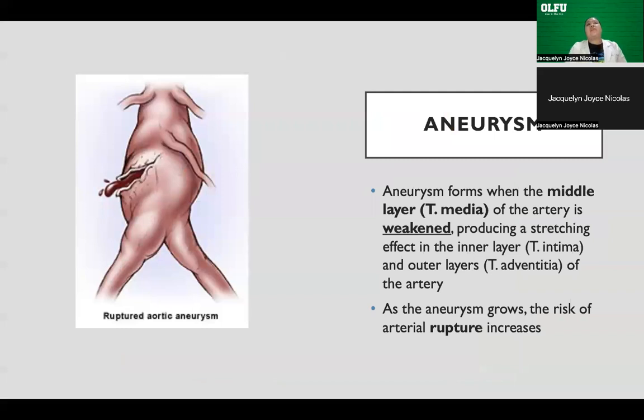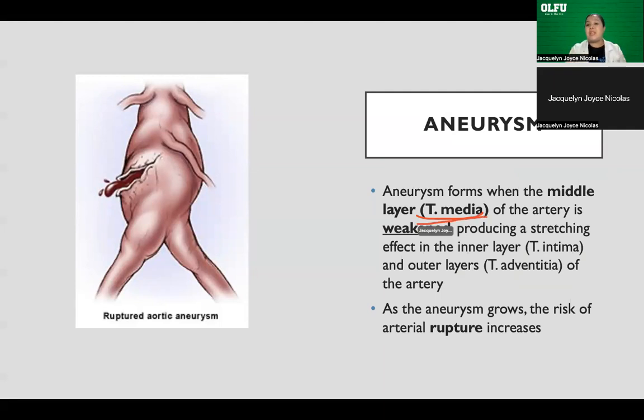Remember that aneurysm usually forms when the tunica media weakens. I told you anatomy is important, right? Among the 3 layers we discussed earlier, the one that acts as the main support of the vessel is actually the tunica media.